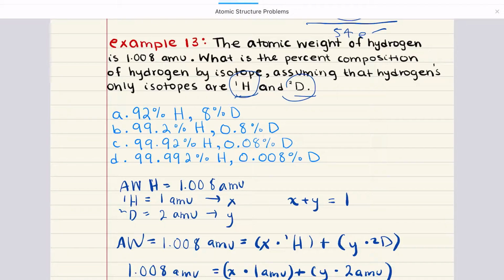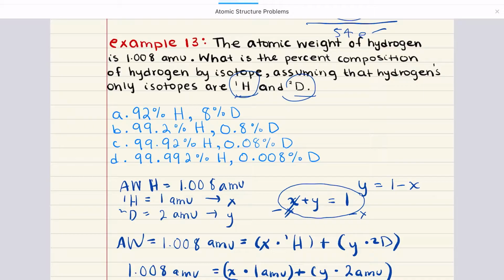Now, something else that we want to do is we don't want to have two unknown variables. We'd rather just have one that we can solve for. So what we're going to do is we're going to use this expression to redefine a variable. What we want is a definition for X that we can redefine. So we're going to write Y is going to be equal to 1 minus X. And we just get this by subtracting X from both sides.